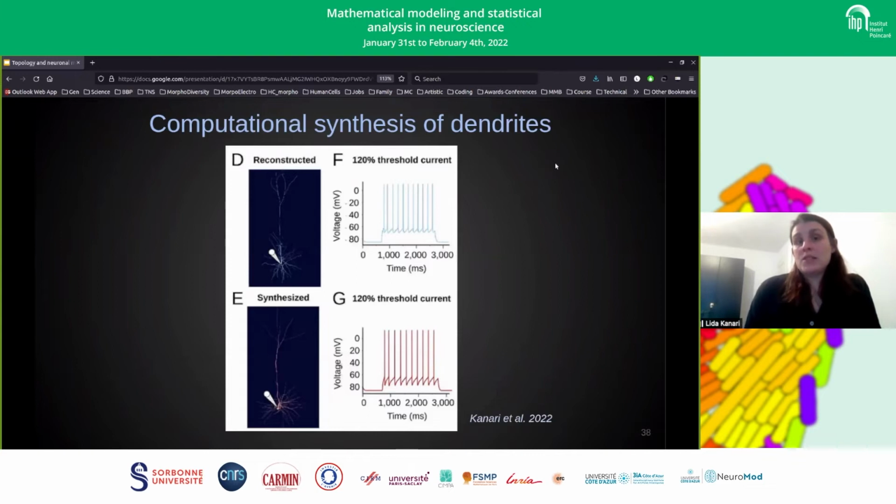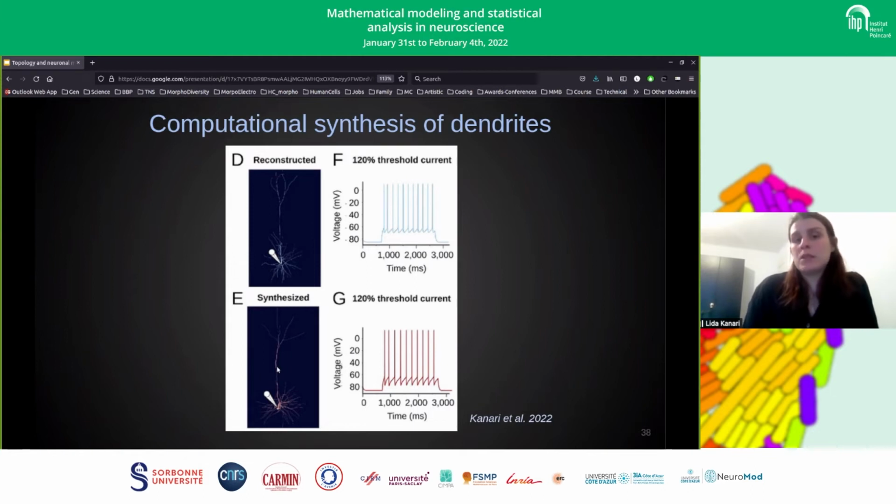So we need to make sure that the neurons that we're computationally generating work correctly. The first step, apart from the shapes that we just see by eye, is to electrically simulate them. The idea here is that we have tools to go into the soma, induce some current, and see what electrical traces they produce.